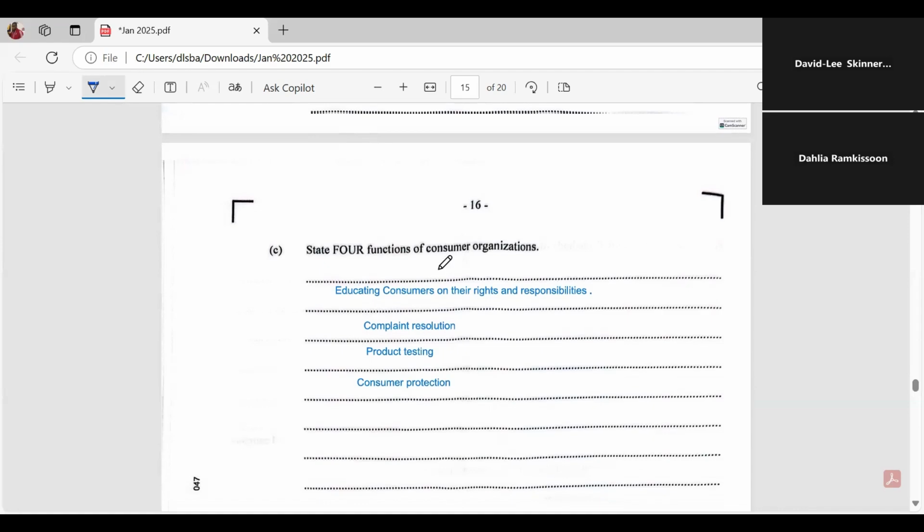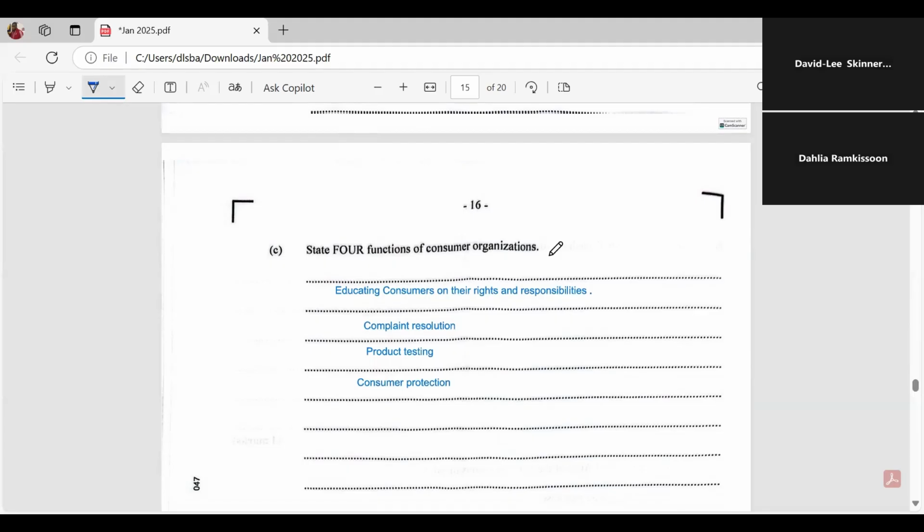And see, list 4 functions of consumer organizations. Do you know what consumer organizations are? If you don't, it's okay. Those are organizations that were created to help and protect consumers and their rights. Right?